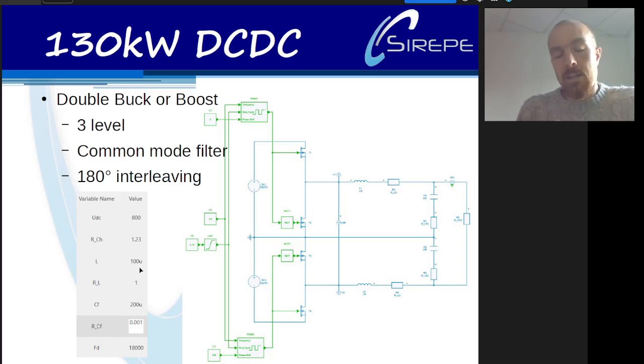The negative leg is out of phase relative to the positive leg with an interleaving of 180 degrees. I've put the parameters of the components in the presentation.